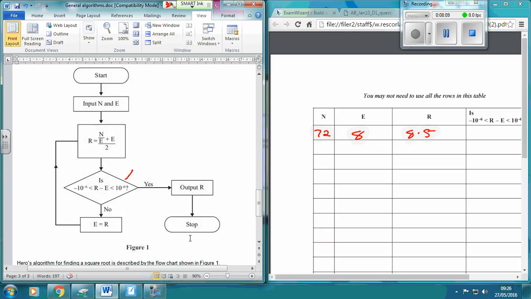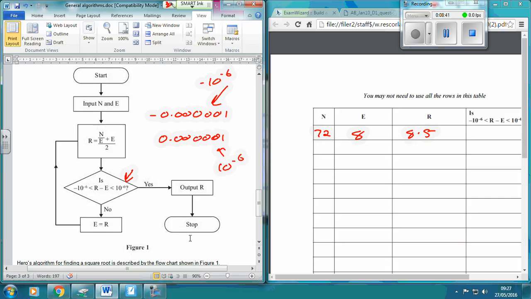Okay, it might be worth clarifying this a little bit more. Minus 10 to the minus 6 is going to be minus 0.0000001, and 10 to the minus 6 is 0.0000001. Sorry, not 6. So this is minus 10 to the power of minus 6, and this is 10 to the power of minus 6.